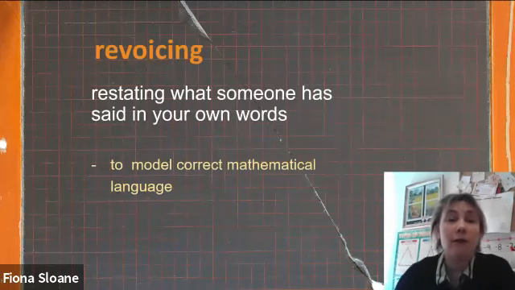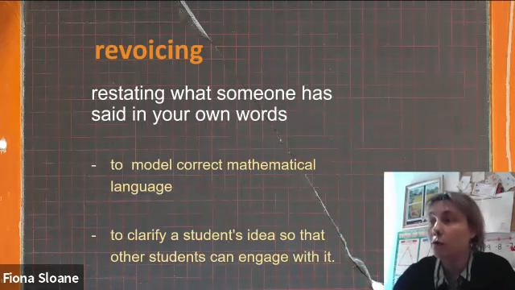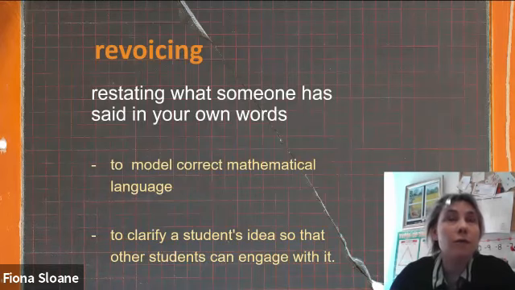First of all, to model the correct mathematical language. There's no point in letting a faulty pronunciation or just an inaccuracy to persist. So that's quite important. And also, to clarify the language. So if they're not being particularly clear, but you think the rest is going to really foster a discussion with the rest of the class, it's really good to try and repeat that in a way where more people can actually understand it.